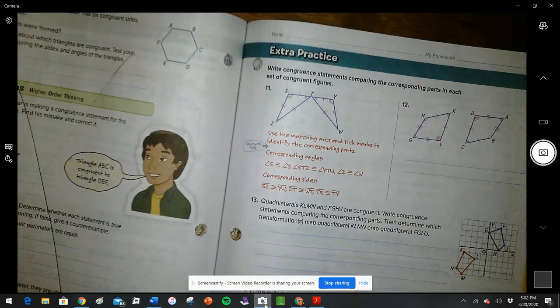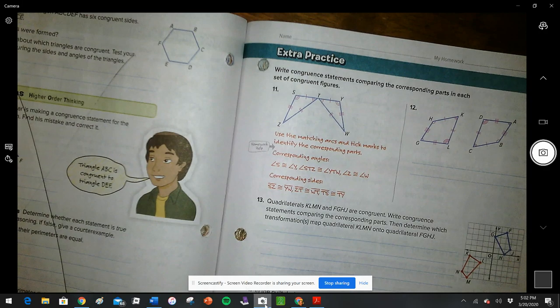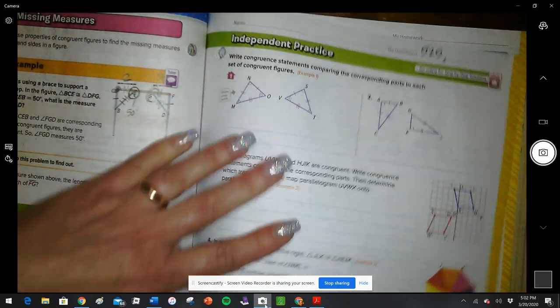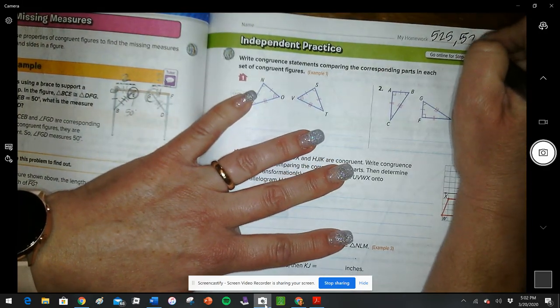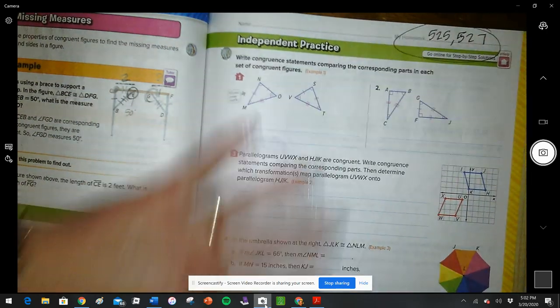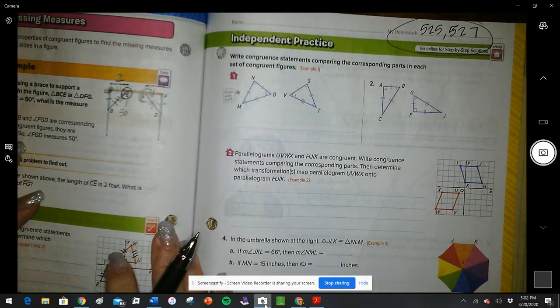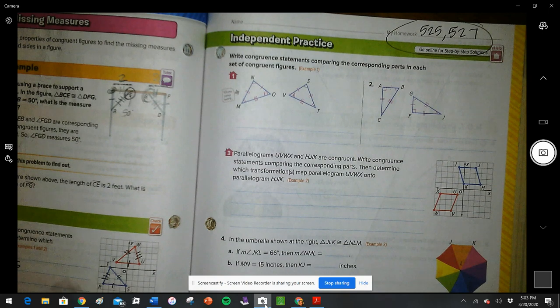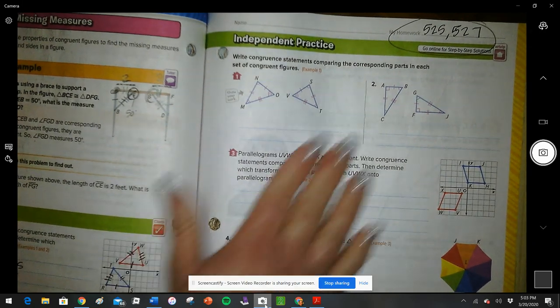And maybe just do page 527. Okay, so that's all you have to do, page 525 and 527. And we're going to see if we can figure out a way to get those turned into me. Take a picture or, yeah, I don't know. I think you're going to have to just take a picture. Just make sure that you turn it in to Google Classroom, okay?